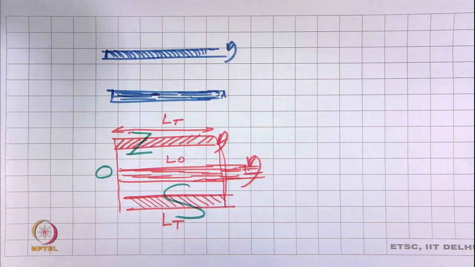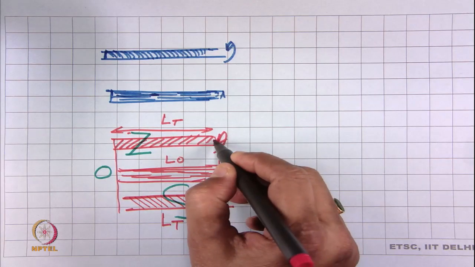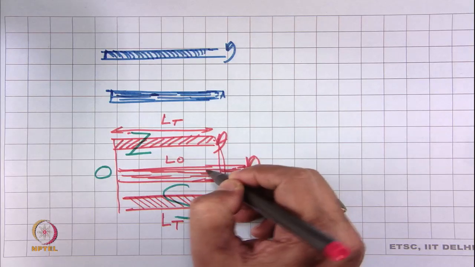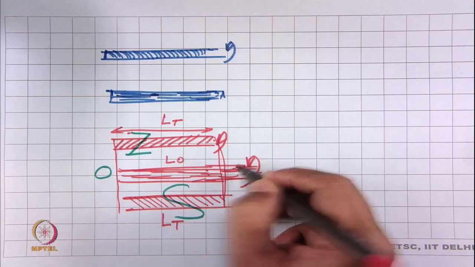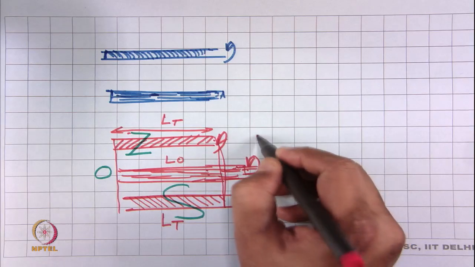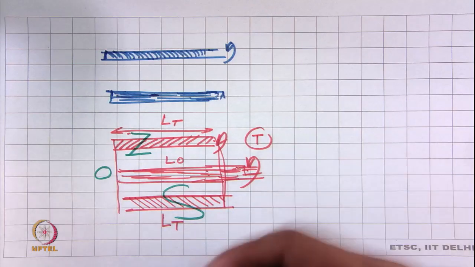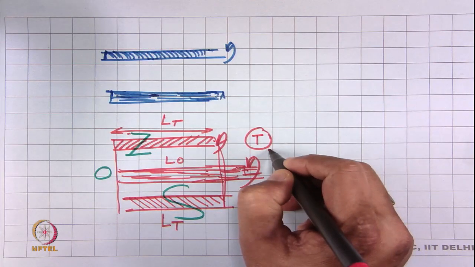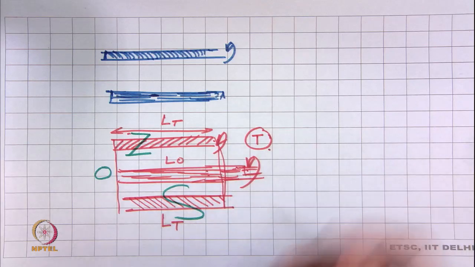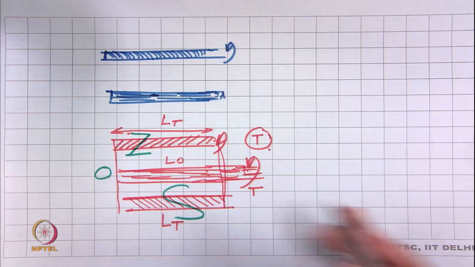What happened here, the assumption is that during untwisting the length is increased, and suppose you are giving the twist T here. So, we are rotating it T turns, and if we rotate the same turn T in the other direction, the yarn will contract again to the same extent.